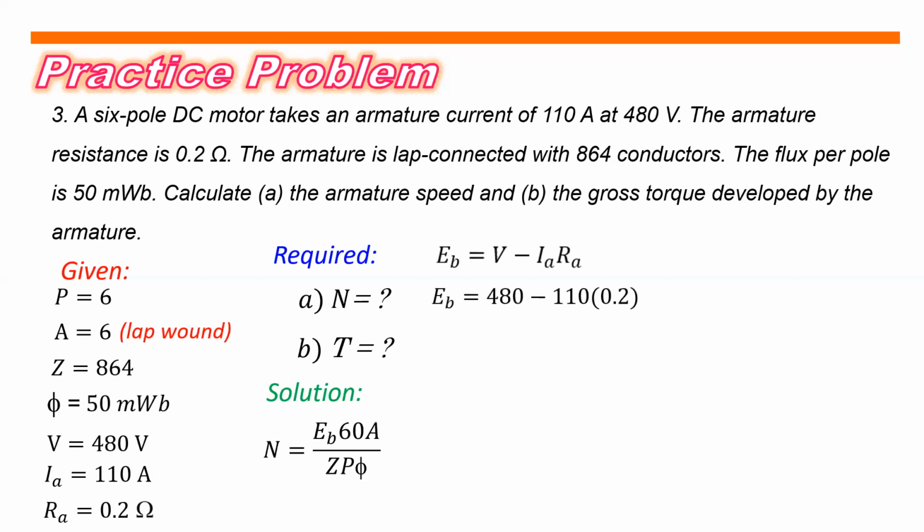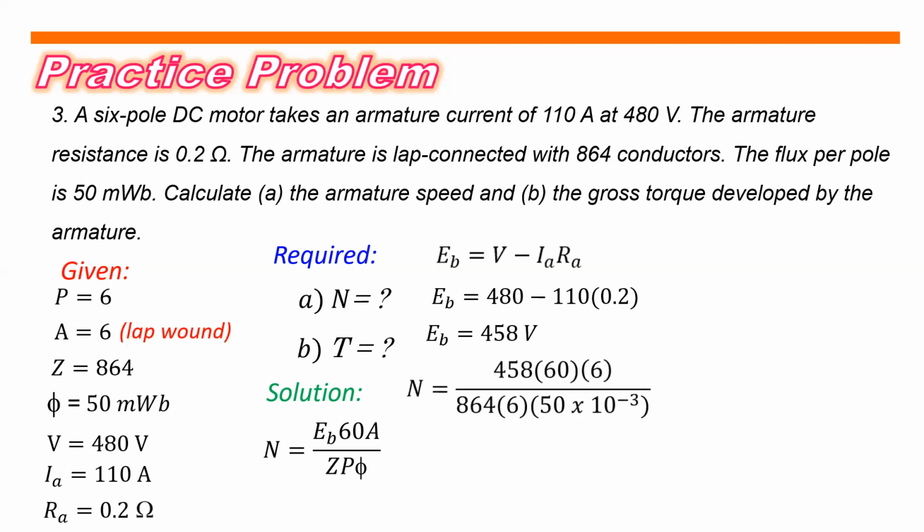Then that is equal to 480 minus 110 multiplied by 0.2, and we will get 458 volts for the back EMF. Now we have the value of the back EMF, then we can use it to substitute these values in our equation. Then letter A, the armature speed, is equal to 636 RPM.